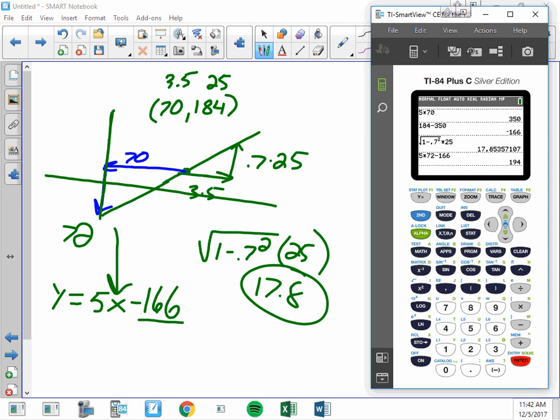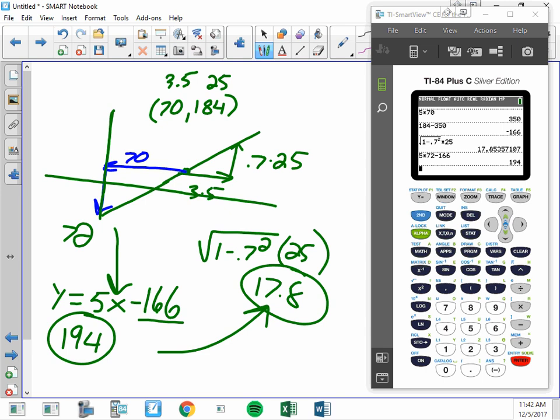So now that you guys understand RMS error, how far away would we expect 194 pounds to be? Within this much, because this number contains R, right? R is the reason why this number is smaller than 25. What if R was 0? What would the RMS error be? 25.